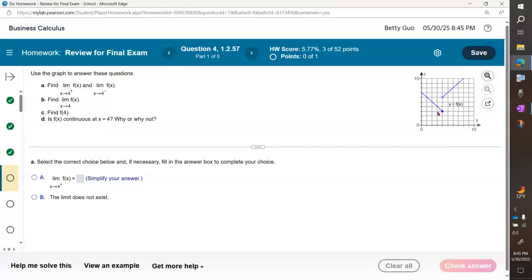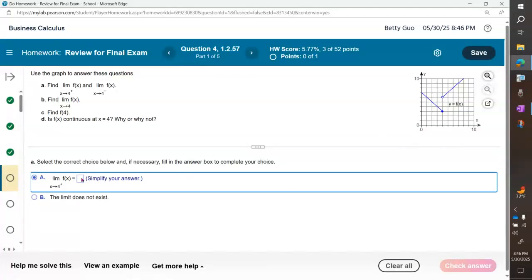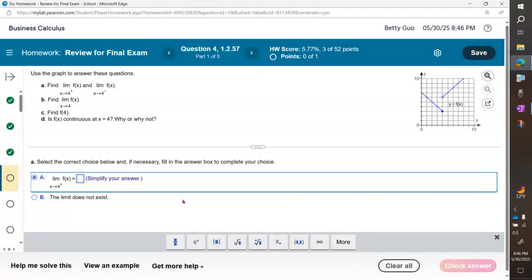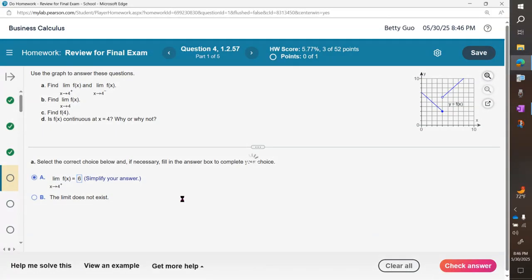The right-hand limit, when x approaches 4 from the right, variable y approaches 1, 2, 3, 4, 5, 6, approaches 6. So the right-hand limit is 6.